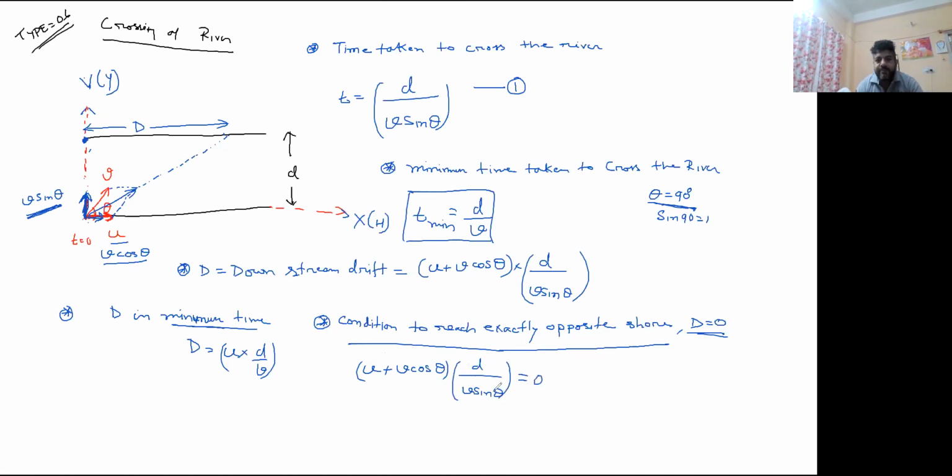Now this is my time. The time is never 0. So U plus V cos theta is 0, which is possible.